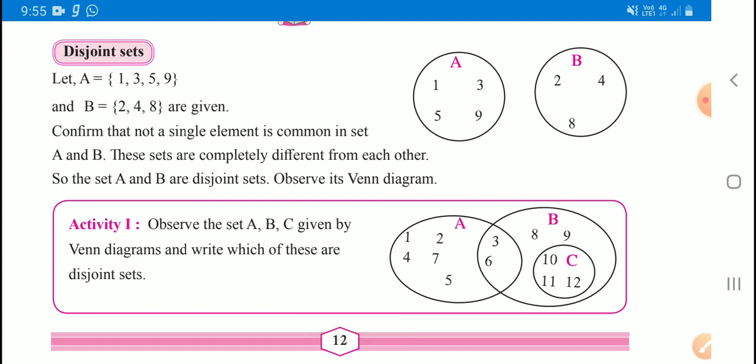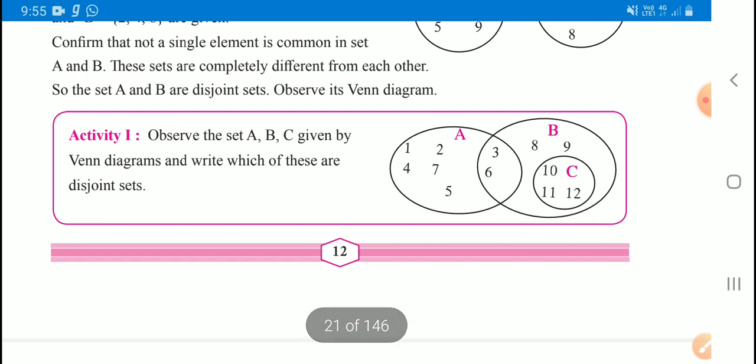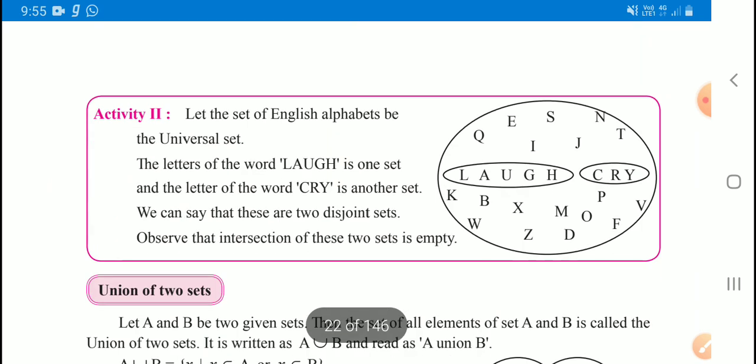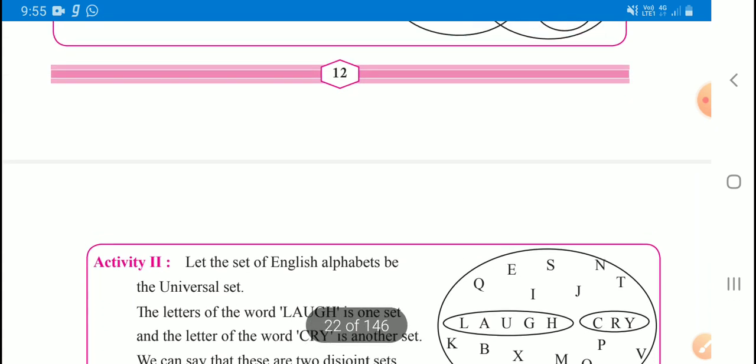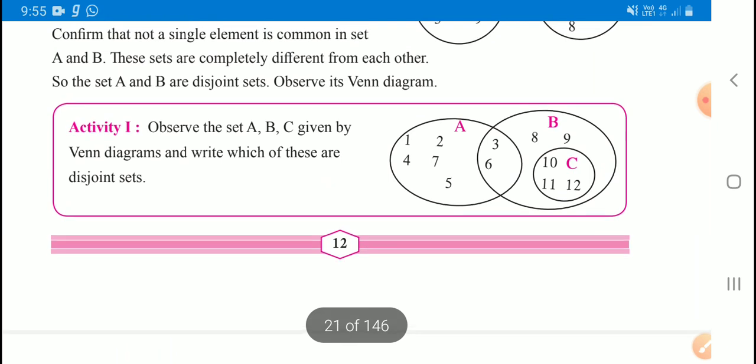If you see both the sets, no element is common in both the sets A and B. These sets are completely different from each other, so these sets are known as disjoint sets. So in disjoint sets, there are different elements in both the sets, means there is no common element between the sets.